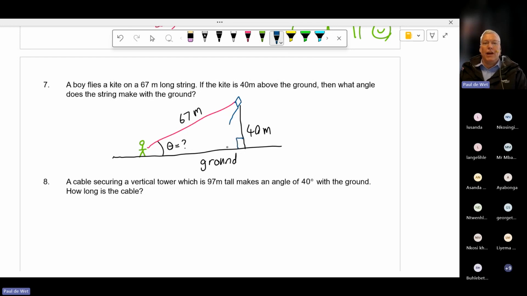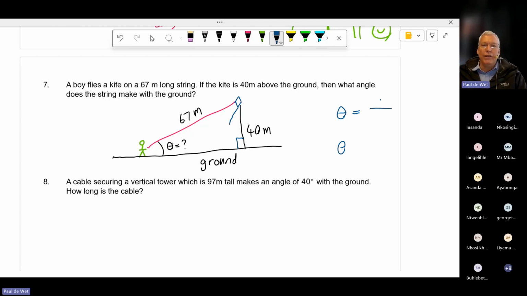All right. Now, guys, who can give me an equation using a trig ratio? Something of theta equals something over something. So I want to find theta. Which one can I use? Guys, I can use sine.